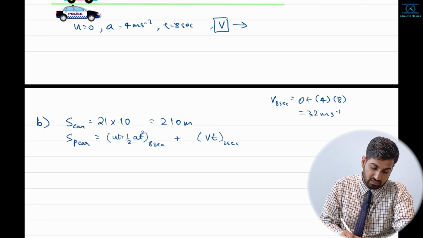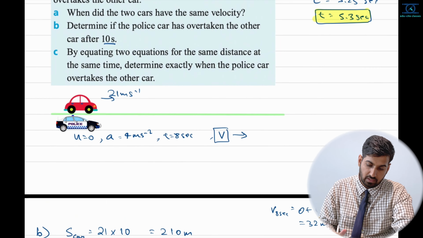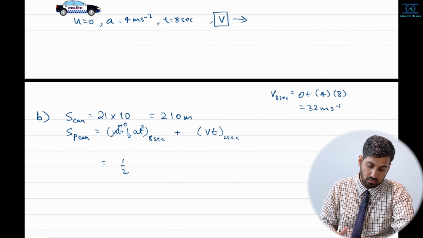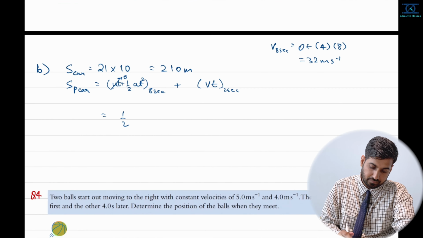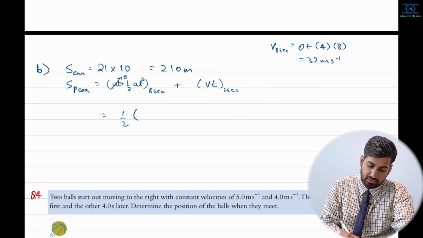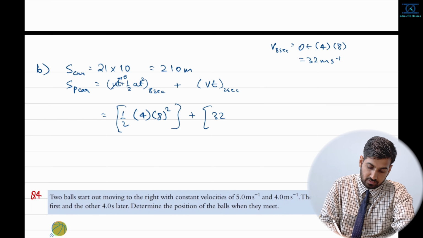So u will be 0, right? So half times acceleration, which is 4, into time 8 square, this is for the accelerated part, and then 32 into 2.